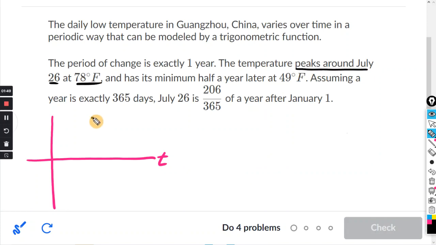So the maximum is going to be at 78. All right, and it said July 26th is 206 over 365 of a year after January 1st. All right, so here is January 1st, and T is in years. So this maximum is at 206 over 365.